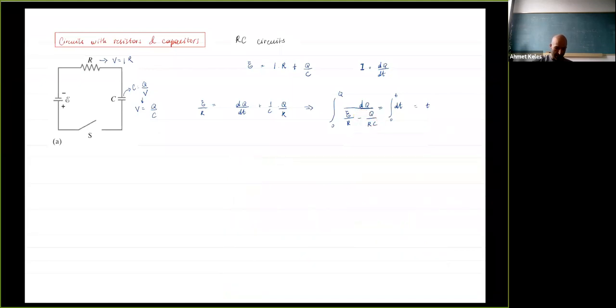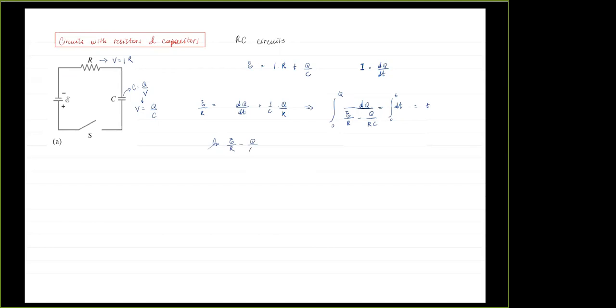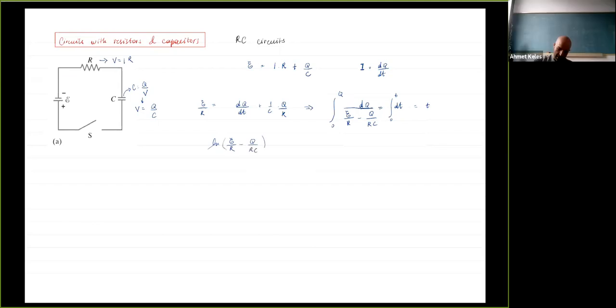So let's do this integral then. I think it says already done. This is ln of e over r minus q over rc. And I want to put integral limits 0 to t. And we found that this is equal to t. Let's write this too. This is equal to t.